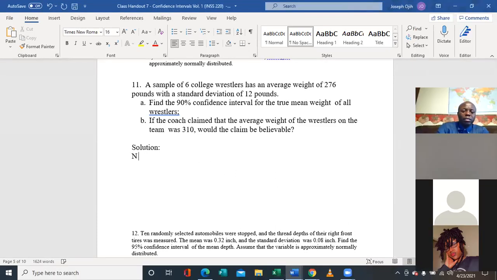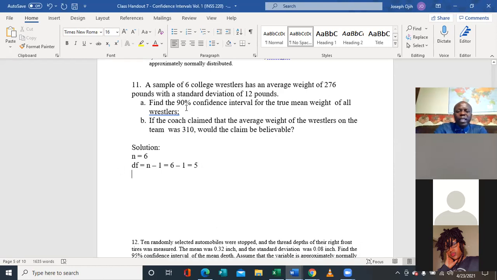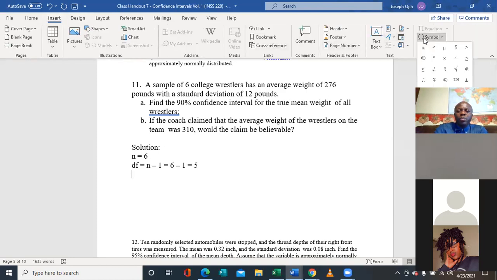So our sample size n equals 6. The degree of freedom will be n minus 1, which is 6 minus 1, equals 5. And alpha: it says find the 90% confidence interval, so the chance of being wrong is 10%.